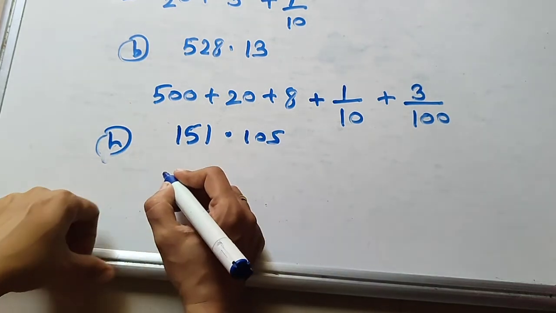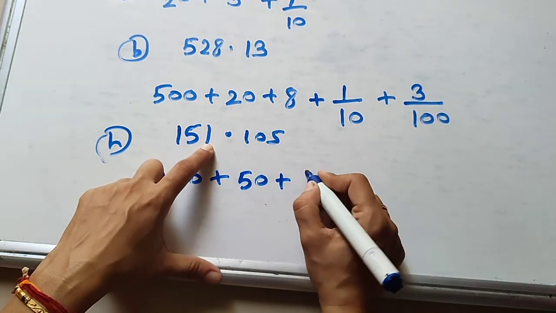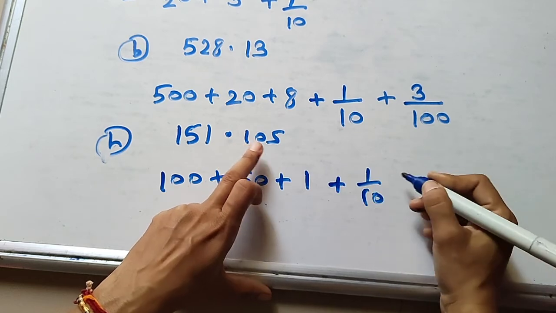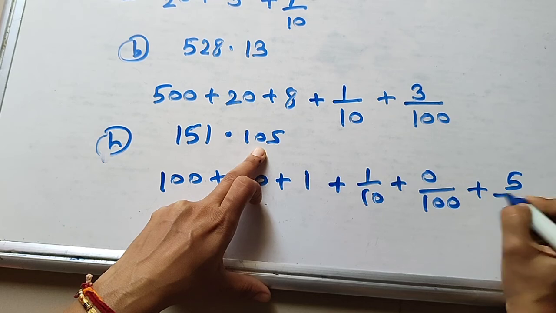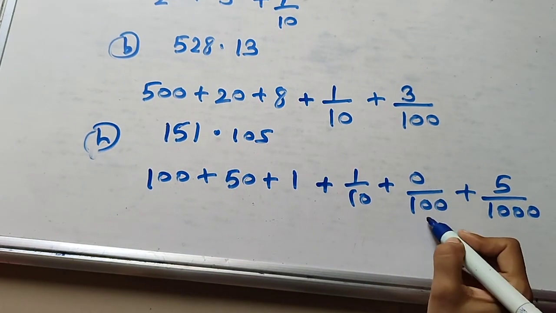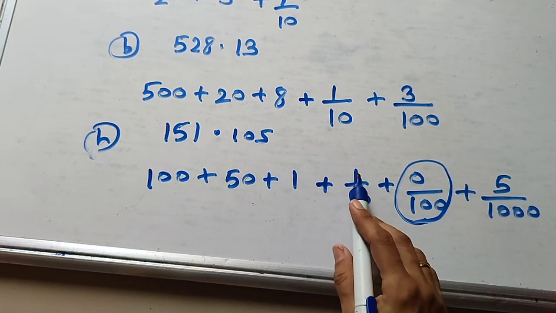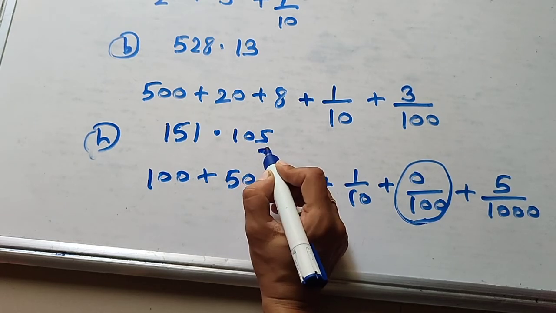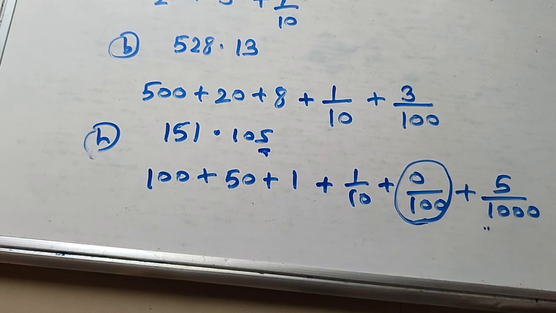Then how to write in expanded form? 100 plus tens place means 50 plus 1, okay, this is expanded, plus 1/10, this is tenths place, 0 at hundredths place, and plus 5/1000. Okay, here is no need to write this 0. 0 आप a place नहीं लिखोगे तो भी चलेगा. You have to directly write 5/1000, but you have to remember this is not hundredths place, this is thousandths place. Okay, so you have to write this way also.